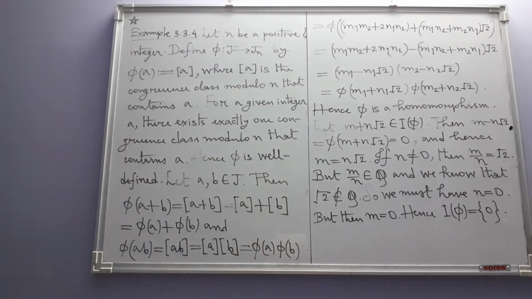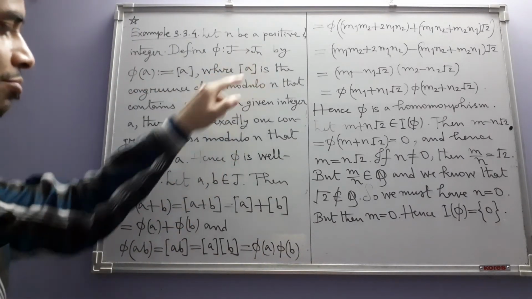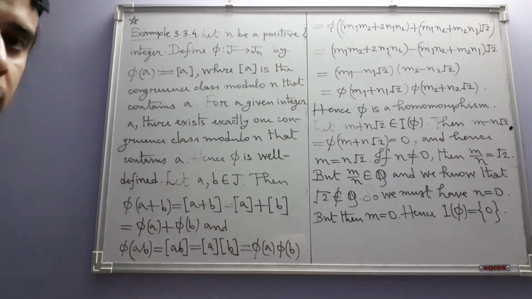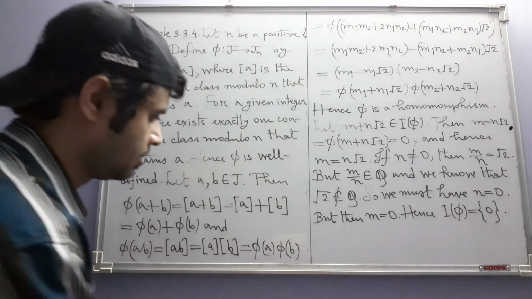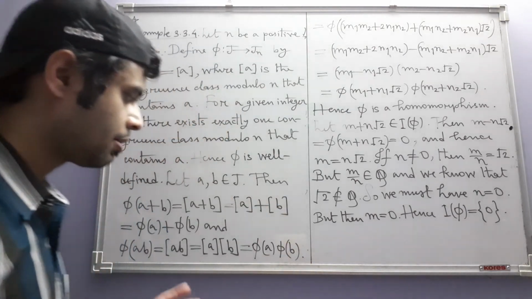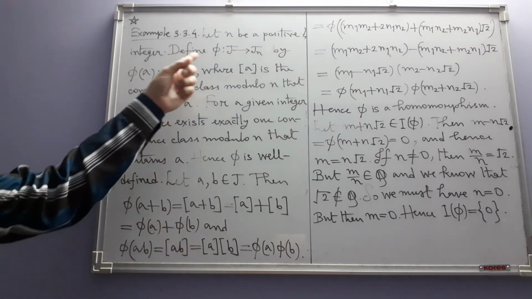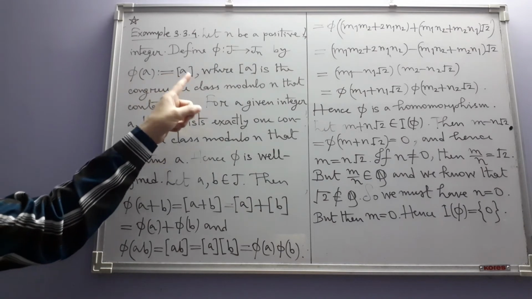So it feels like the operations in Jn have been defined in such a way that this becomes a homomorphism. Actually, that's the case. Now, this means that phi is a homomorphism. Now we have to find the kernel of phi.